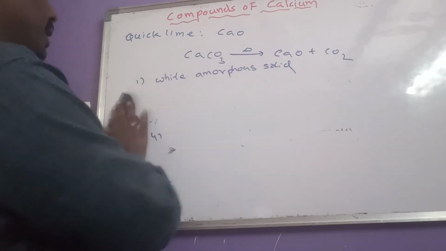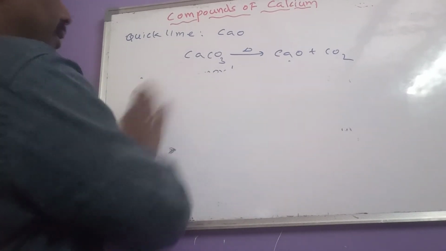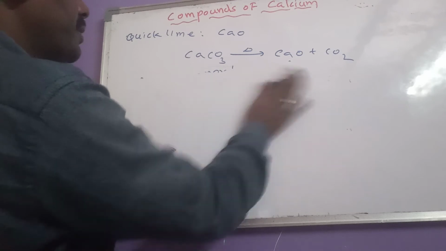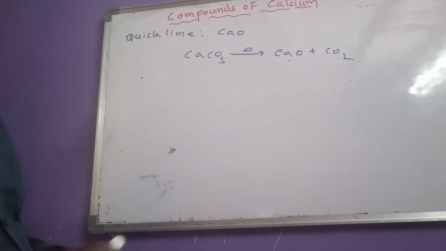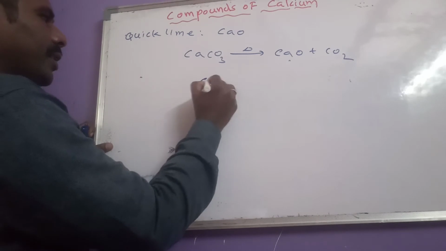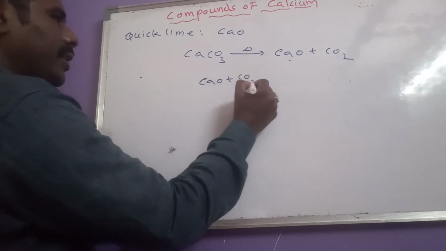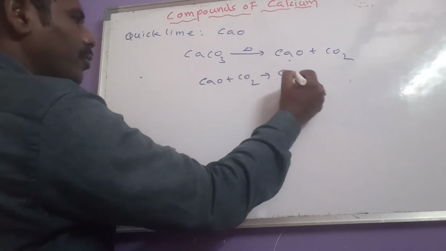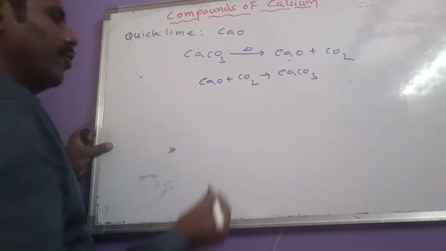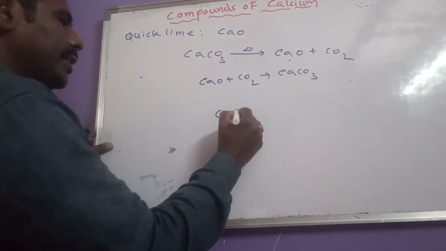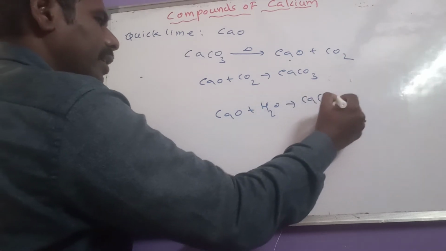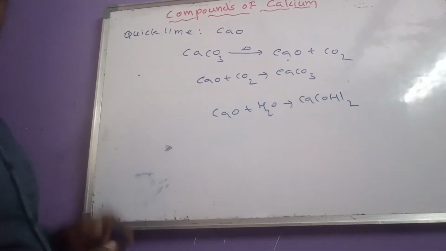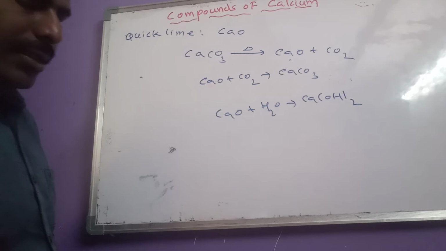Now another one: CaO absorbs moisture and carbon dioxide from atmospheric air. When it absorbs CO2, it forms CaCO3 again, and when it absorbs moisture from atmospheric air, it forms slaked lime, calcium hydroxide.